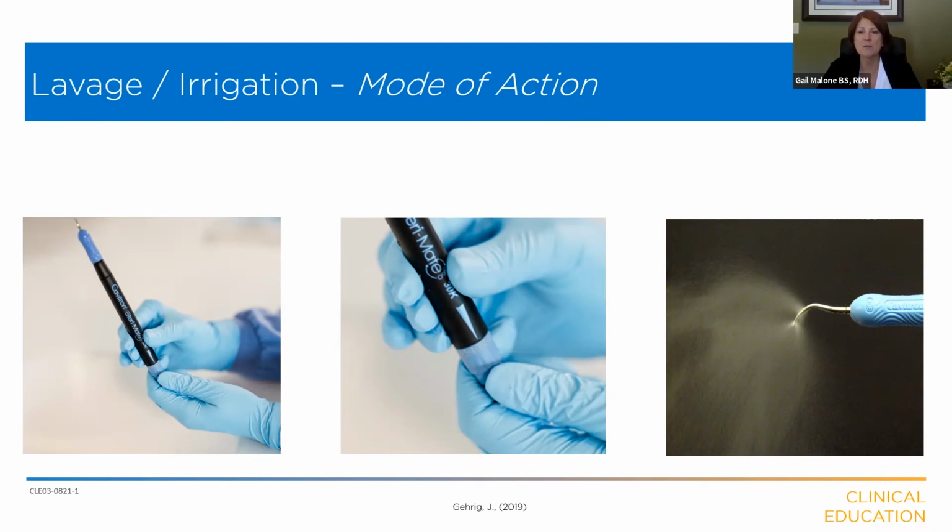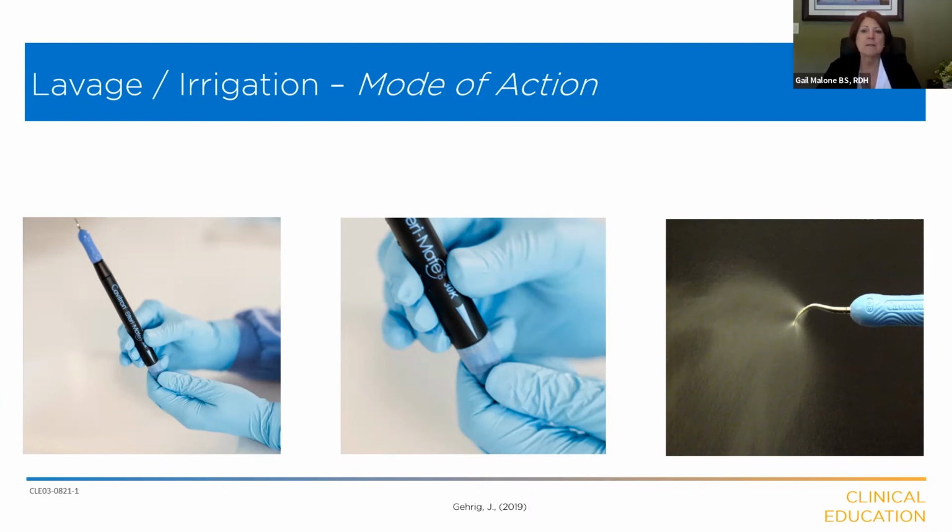Now, a sufficient amount of water flow is needed to minimize any frictional heat that's created by the tip against the tooth. And this is done by adjusting the water spray or the flow rate. And you do that by turning that blue knob at the base of the handpiece. You have the opportunity to work with this during the hands-on session that we do at the university. I always want to make sure that we are using an appropriate amount of water to cool the handpiece, and this adjustment allows the user to select that appropriately.